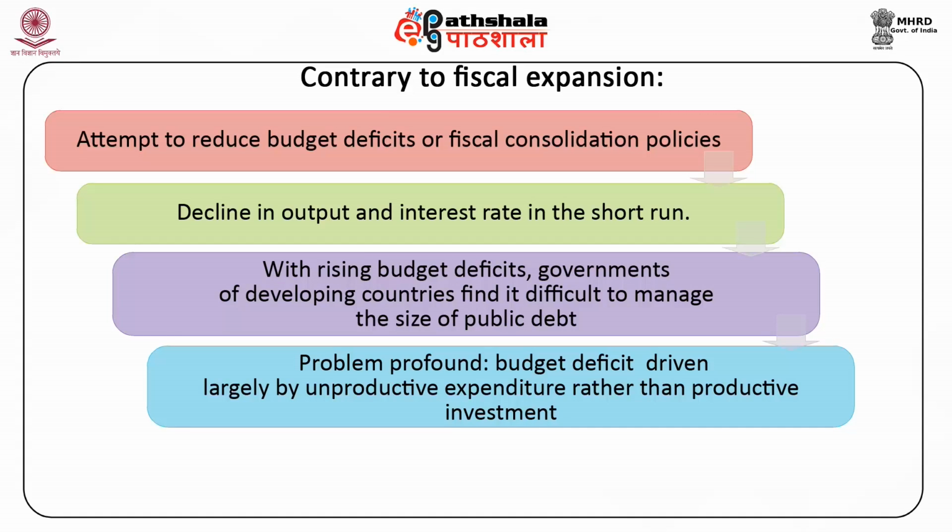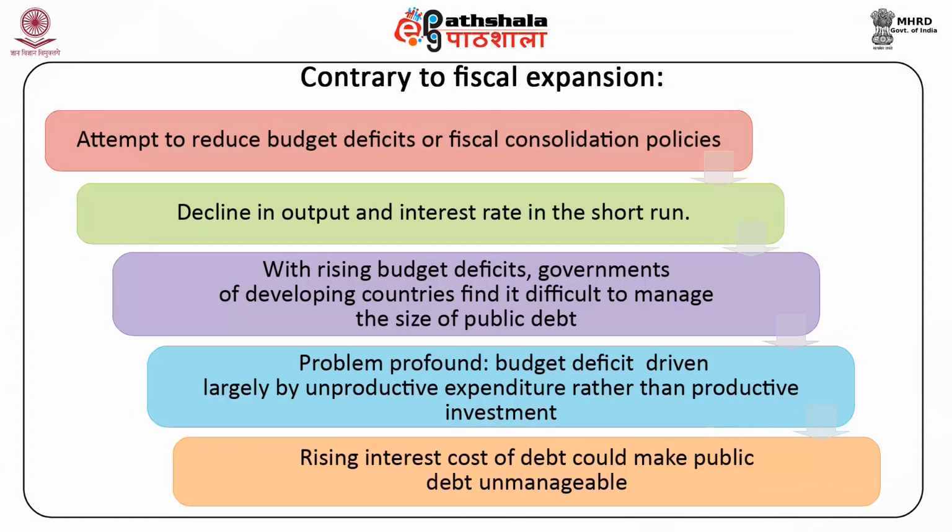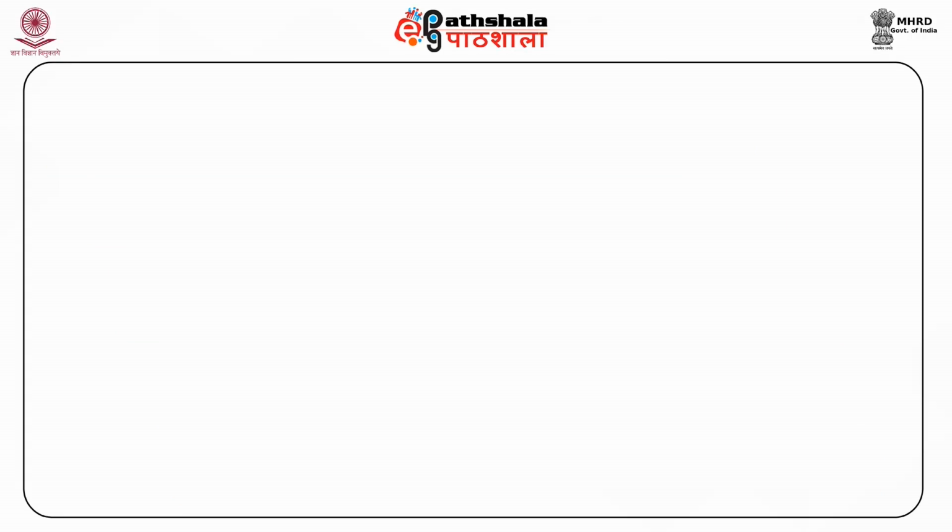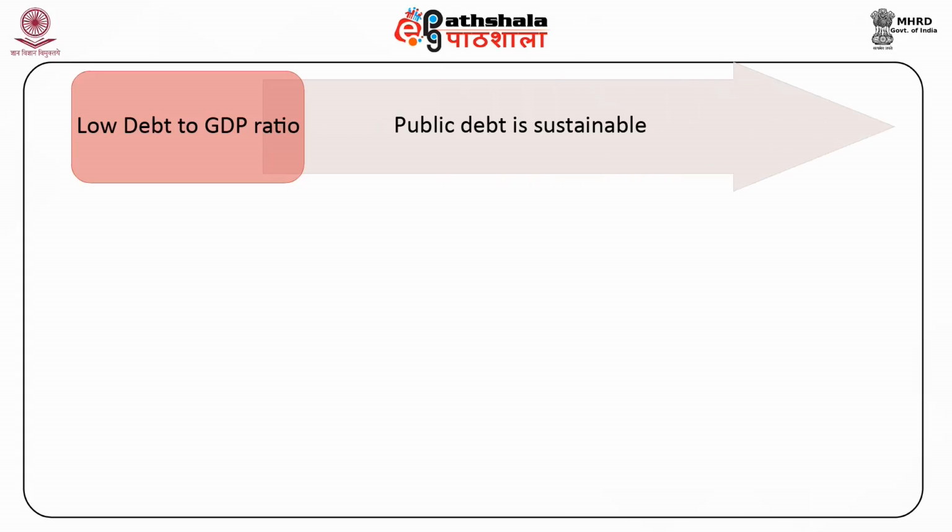In this case, rising interest cost of debt could make public debt unmanageable. Generally, a low debt to GDP ratio indicates that public debt is sustainable.